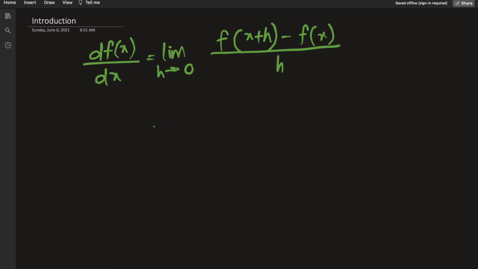Now, in single variable calculus, this definition basically said that a derivative will only exist if you take the limits from both sides and it gives you the same answer, which means the left hand derivative and the right hand derivative are the same. That's when the derivative actually exists and takes the value that both of these take. If they're not equal, then the derivative doesn't exist.